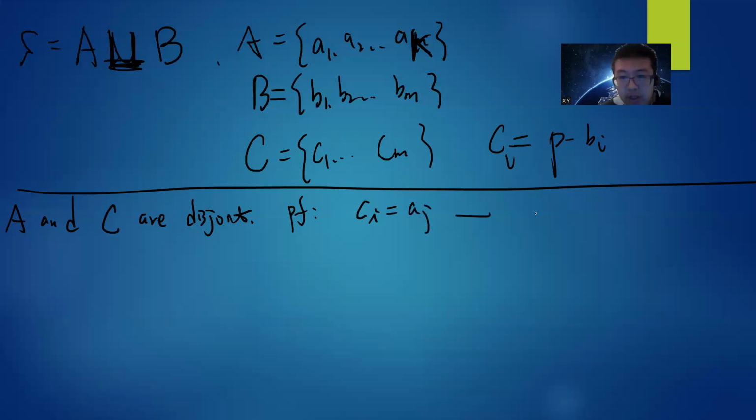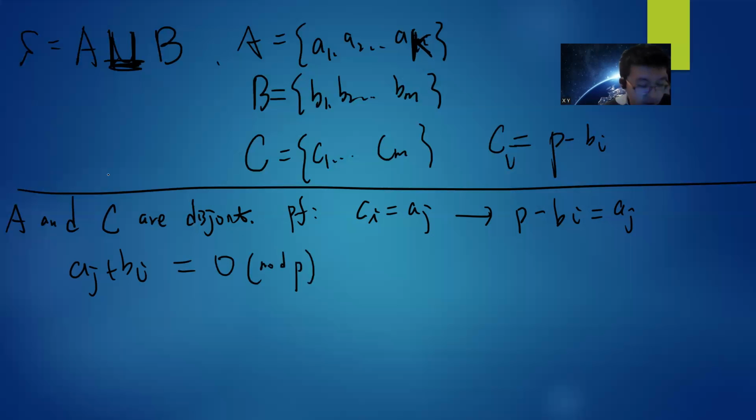That means p minus Bi equals Aj, so Aj plus Bi is 0 mod p. We know Aj is, let's say, t times n, where t is just the number that we choose, and Bi is maybe s times n. So this means that (t plus s) times n is 0 mod p.